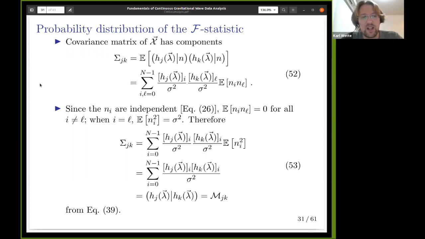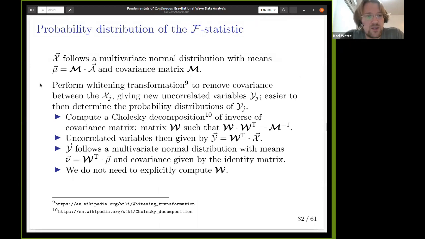And on that diagonal element, we have the expectation of n_i squared being the variance. So substituting that in equation 53, working through the maths, you find that the covariance matrix is actually equal to this M matrix that we had before. That's kind of a nice result to get out. So what that says is that X follows a multivariate normal distribution with means mu given by M dot a, and covariance matrix given by M.